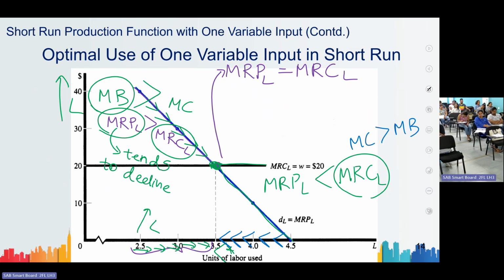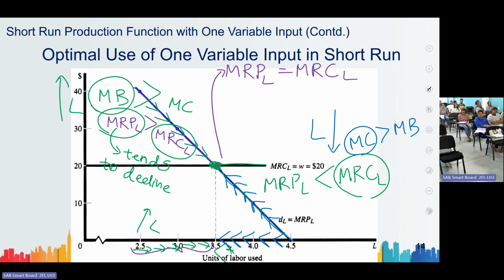So if a firm operates somewhere here, their marginal revenue product of labor is less than marginal resource cost of labor. Since its marginal cost is greater, naturally the firm tends to cut down its labor. So when the firm cuts its labor input, what happens is marginal revenue product of labor tends to increase.